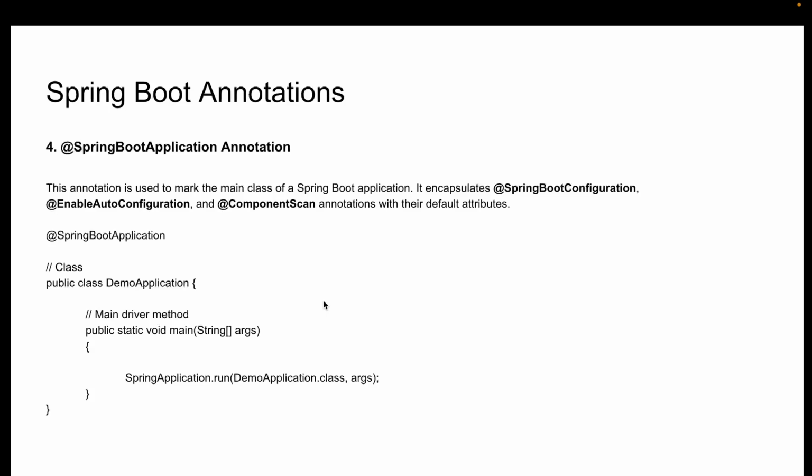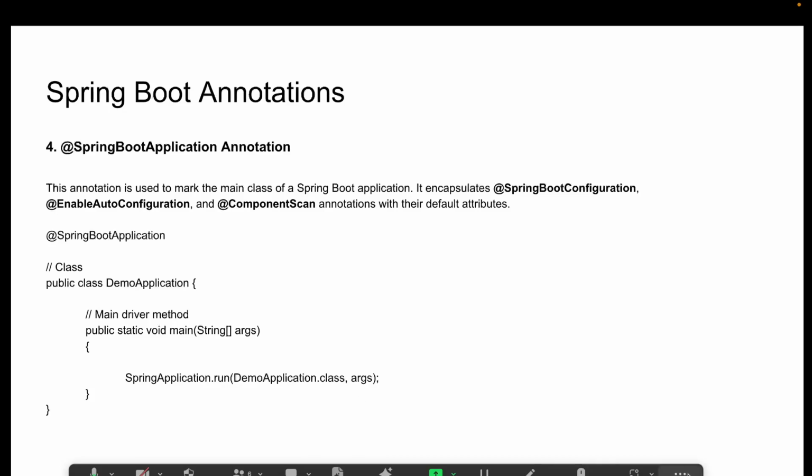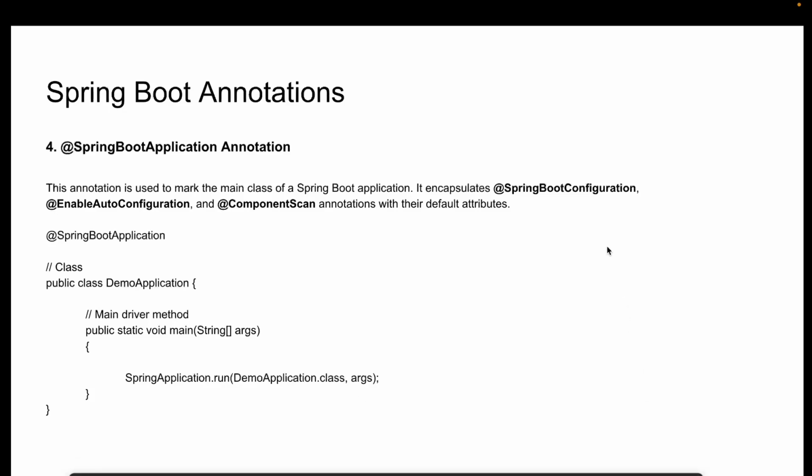So this Spring Boot application annotation is the most important annotation, and it does a lot of things for you. It will create the application context. It will do all the work equivalent to all these three annotations. So in our project, we will be using this @SpringBootApplication annotation, and we'll try to avoid the three above annotations: Spring Boot configuration, enable auto configuration, and component scan.